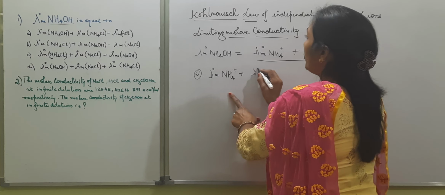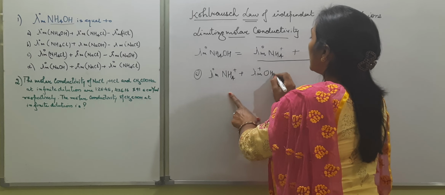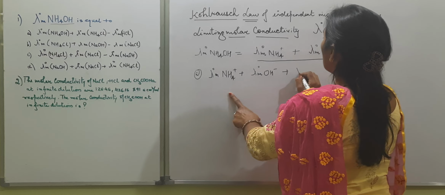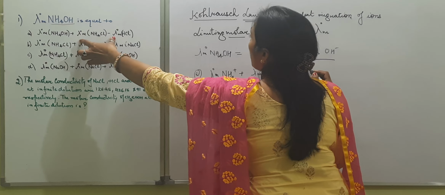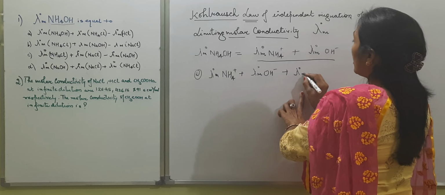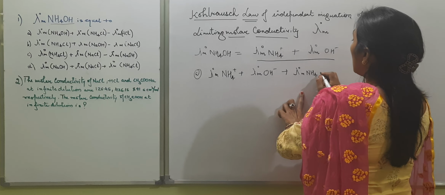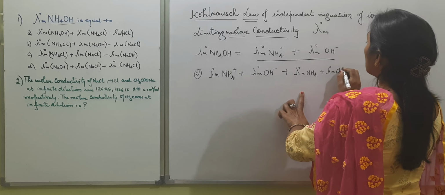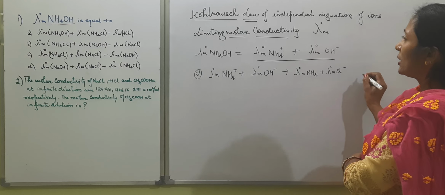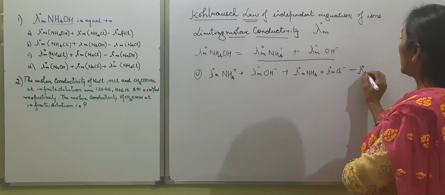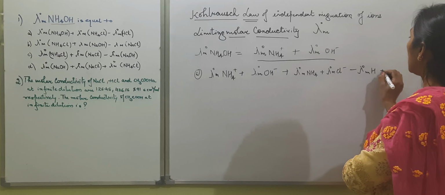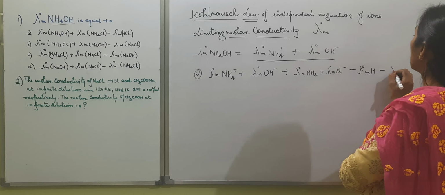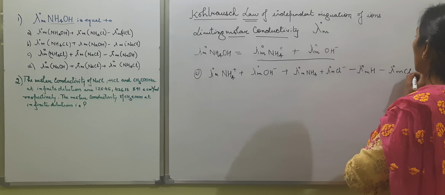Limiting molar conductivity of hydroxide ion plus limiting molar conductivity of ammonium ion plus limiting molar conductivity of Cl minus, and the last one is minus limiting molar conductivity of H plus, minus limiting molar conductivity of Cl.